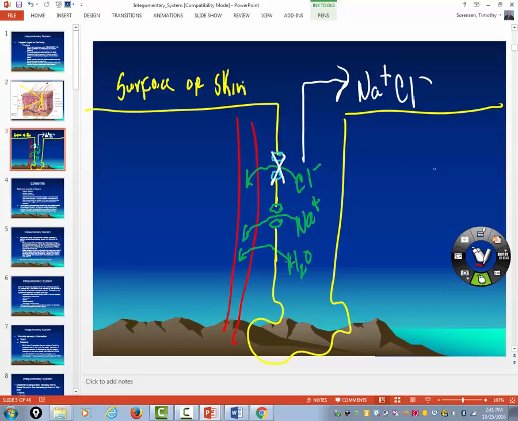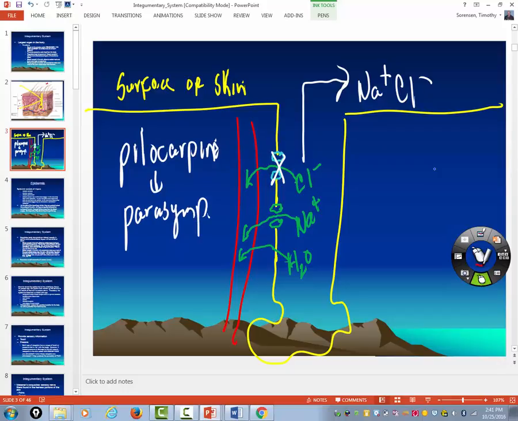So what they do is they inject usually the volar surface of the forearm, and they give them a drug called pilocarpine. And pilocarpine is a parasympathetic blocker. So it blocks the parasympathetic nervous system.